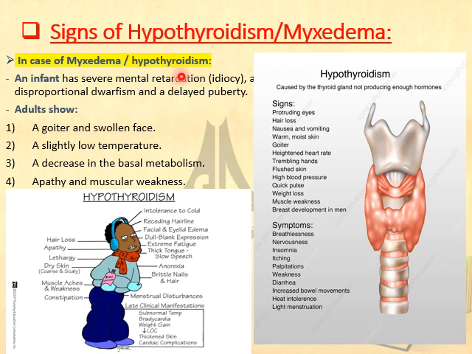He will not grow normally. And adults who suffer from hypothyroidism will show a goiter. A goiter will appear on their neck, swollen face, protruded face, a slightly low temperature.